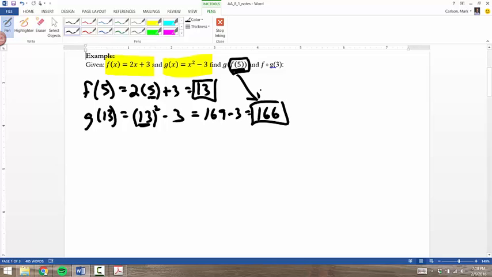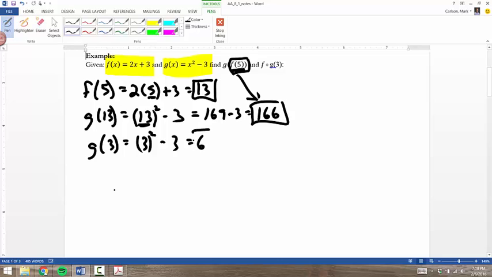Now the second function operates the same way: f following g of 3. The first thing I'm going to do is find g of 3. We take 3 and plug it into my function, so I have 3 squared minus 3. Well, 3 squared is 9, and 9 minus 3 is 6.